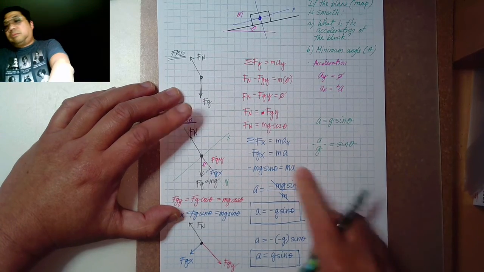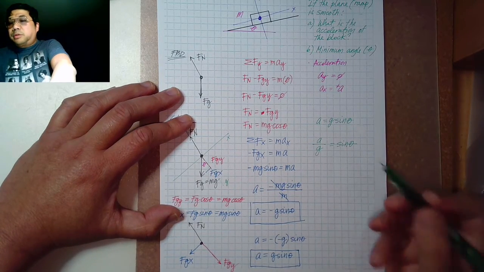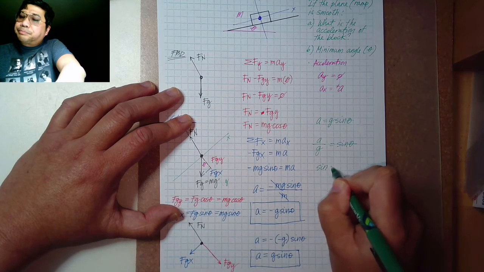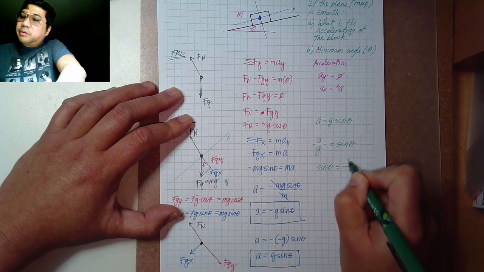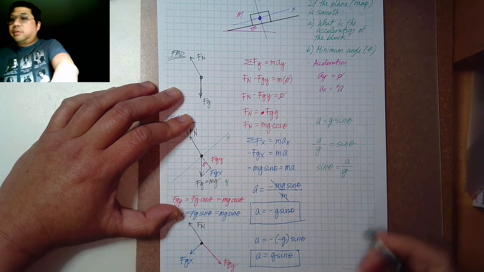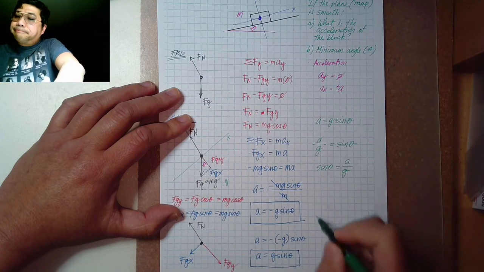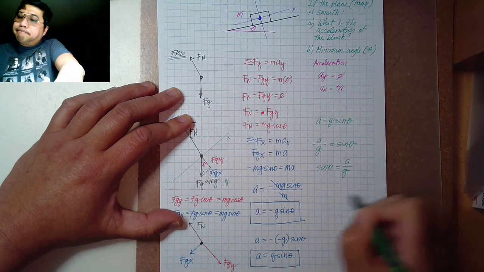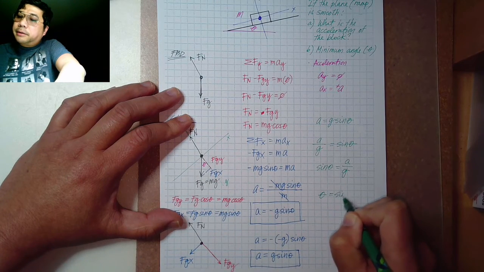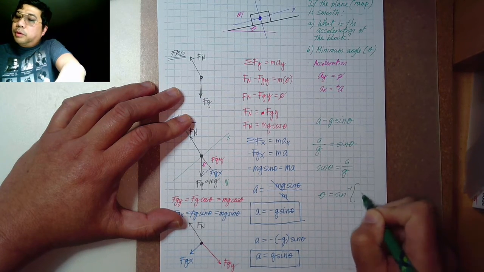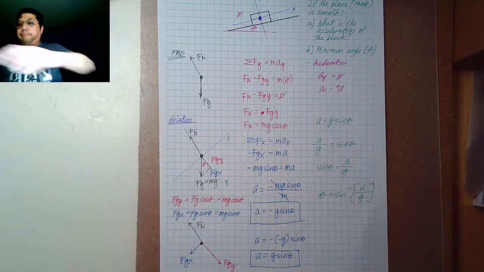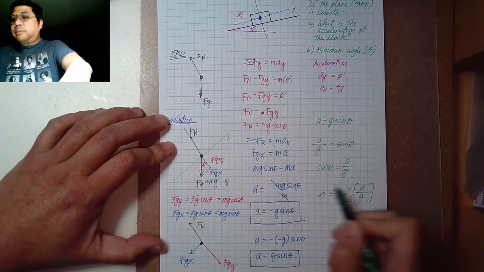To keep it organized, sine theta is A over g. Now we can say that theta is simply the arcsine of the acceleration over the acceleration due to gravity. So this will be our answer for letter B.